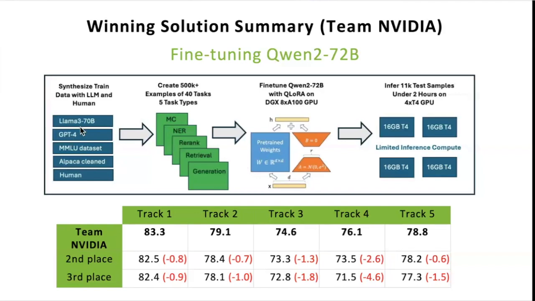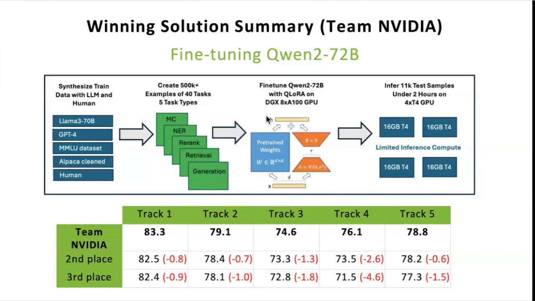They use Llama, GPT-4, and humans as seed input to create 500K plus examples of 40 tasks. Because the competition tells you what type of task it is, they synthesize the training data according to all these task types.